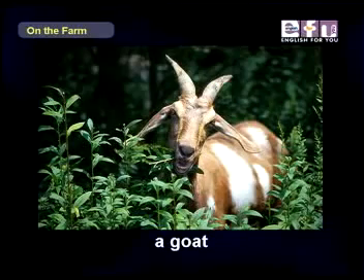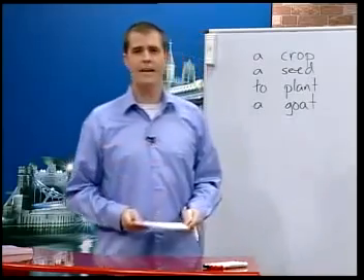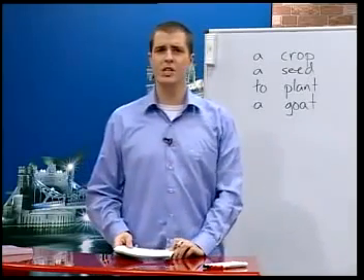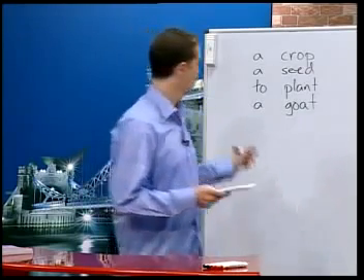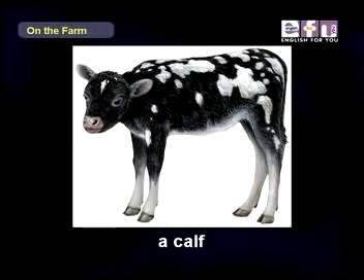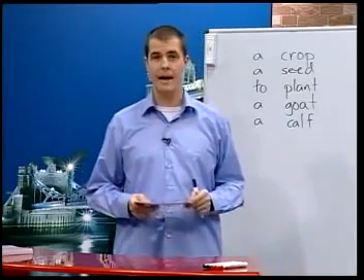A goat. A goat is a farm animal that looks a little bit like a sheep, and it usually has two horns. Next we have a calf. A calf is a baby cow.